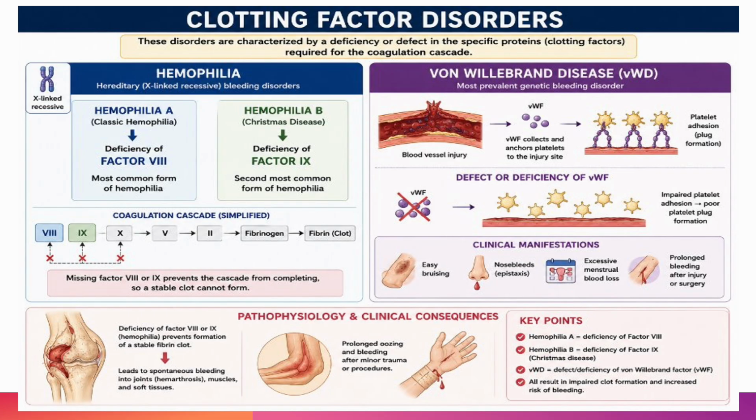The big difference here is hemophilia involves clotting factor deficiencies, and von Willebrand disease, VWD, involves impaired platelet adhesion. So it either involves clotting factor deficiencies, factors that help create clots, or the adhesion of those clots.